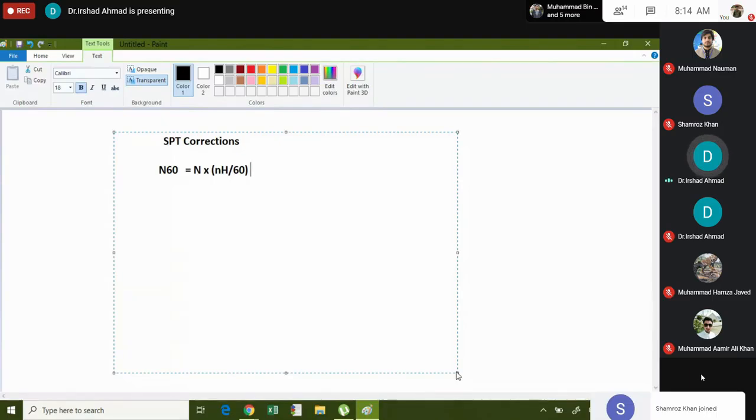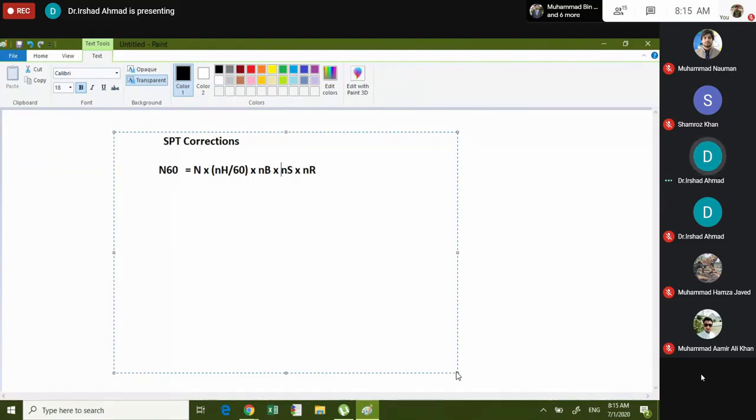In addition to energy correction, there are other corrections as well, like borehole correction, sampler correction and rod length correction. NB is the borehole diameter correction. If the borehole diameter is greater than 6 inches, you have to correct your blow count. NS is the sampler correction.